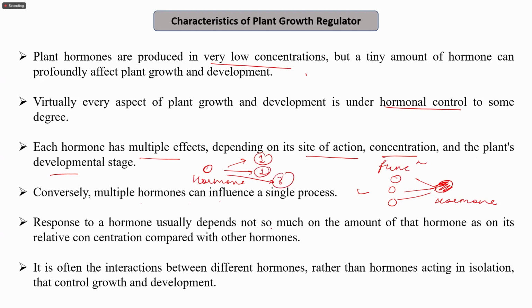Response to a hormone usually depends not so much on the amount of that hormone as on its relative concentration compared with the other hormones. Why is it so? Because it is often the interaction between different hormones, rather than the hormones acting in isolation, that controls growth and development.